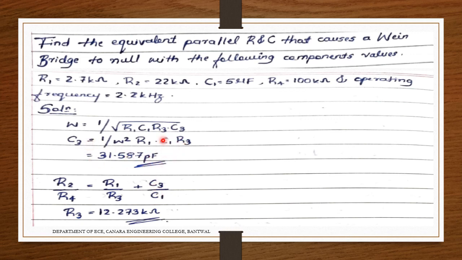Or we can do it both ways: you can substitute R3. R3 is equal to something into C3. Substitute it here and you'll get C3. It's the same thing, you just need to use the substitution method. Whichever is easy for you, you can do it. I just substituted the values and I got it.